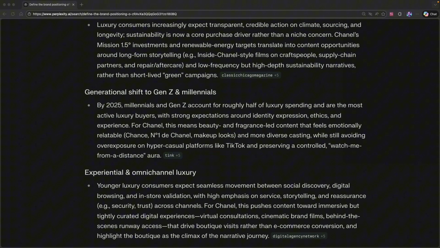For Chanel, Instagram is the trailer, the boutique is the movie. So we don't just want them to click add to cart. We want the customer to walk into the store. So your digital content must promise an experience that can only happen offline.